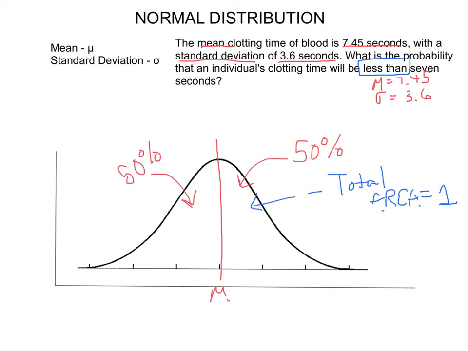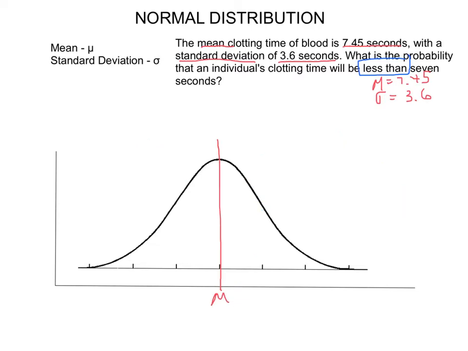And sigma is going to be a certain distance here from mu. This is going to be our sigma. So that's our standard deviation, and we have our mu as well. The idea here is that sigma, the standard deviation, is a standard unit away from mu.